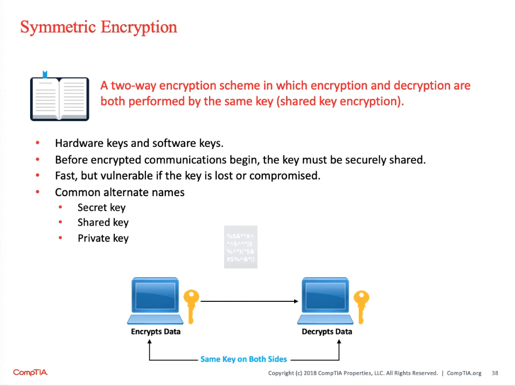It is fast. However, it's vulnerable if the key is lost or compromised, because this key does encrypting and it does decrypting. So if you lose it, somebody can read your messages and also send messages as you, basically. Common names for symmetric encryption are secret key, shared key, and private key. In this case, the same key will encrypt our message and decrypt our message.